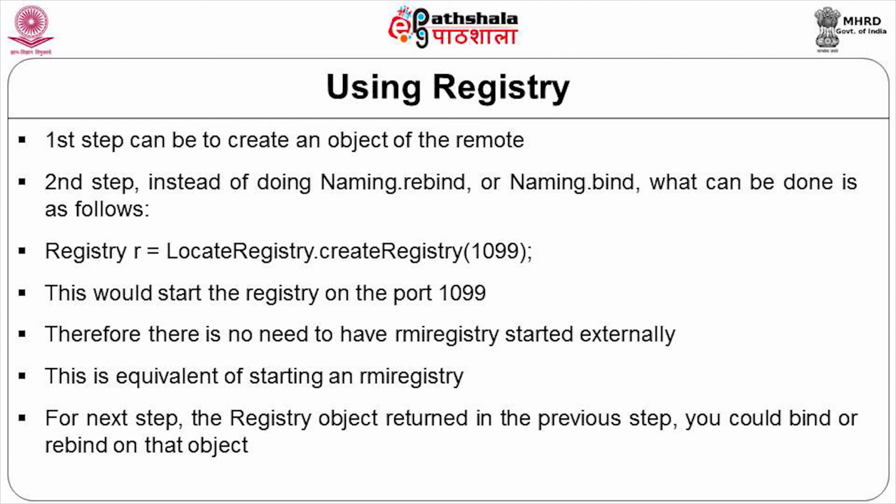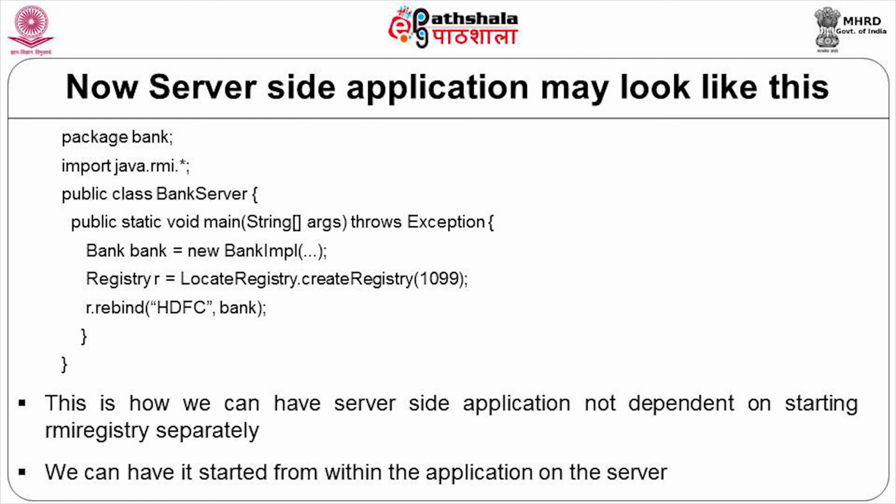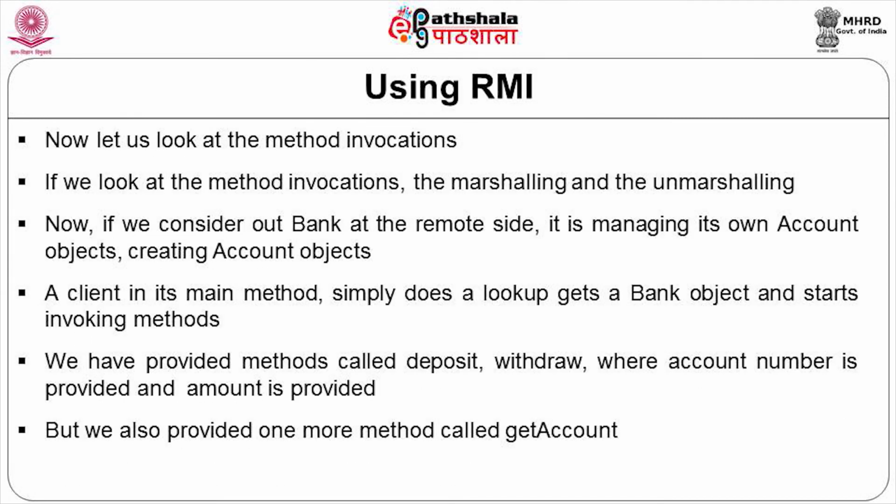You can do a bind or rebind on that object, and that's how you can have your server-side application not dependent on starting RMI registry separately. You can have it started from within your application itself, and that would be the recommended way. Okay, so the steps are clear on how to achieve remote method invocation.